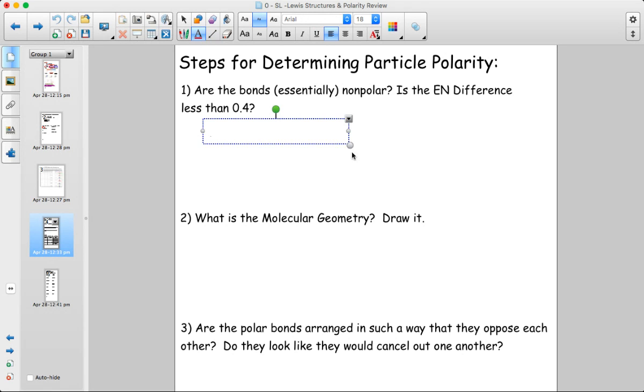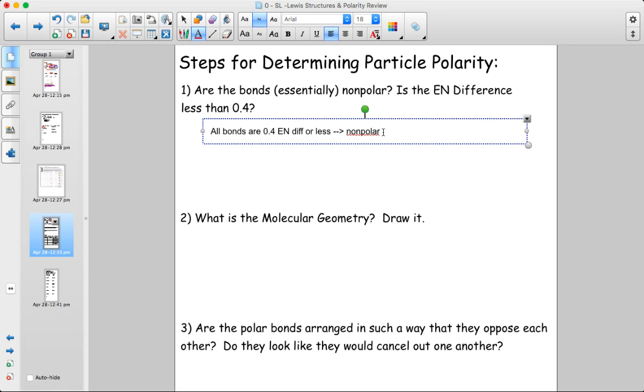So to try to make this sort of like a flow chart of how you would deal with it. If you've got a 0.4 electronegativity difference or less, and all the bonds are that way, then you would be led to believe that the molecule must be all nonpolar. Because if none of the bonds share electrons unevenly, then overall the molecule should not really have a net dipole.